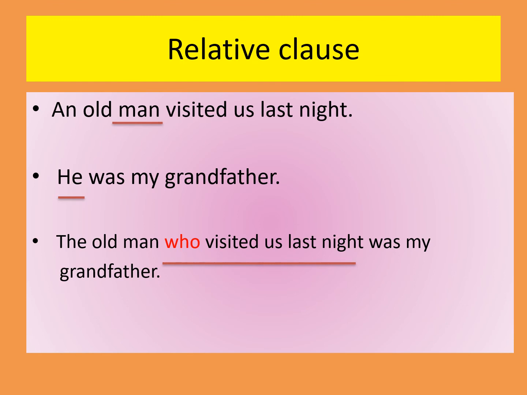Okay, students, have you understood this point? A relative clause gives more information about a noun or a pronoun in the main clause. This is the first rule of a relative clause. In order to make a relative clause, we need a relative pronoun.